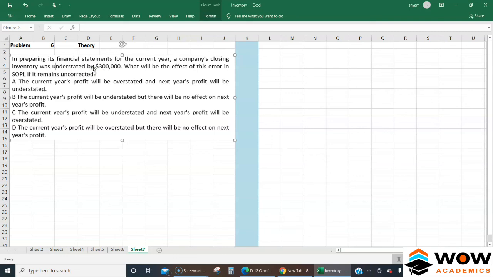So if you show lower closing stock, your current year's profit will be lower. So let's see, current year profit will be overstated. No. Current year profit will be understated. Yes. So B and C are the answer.